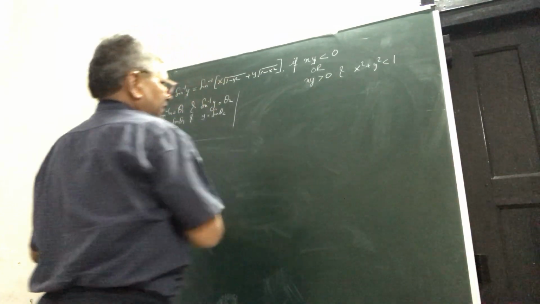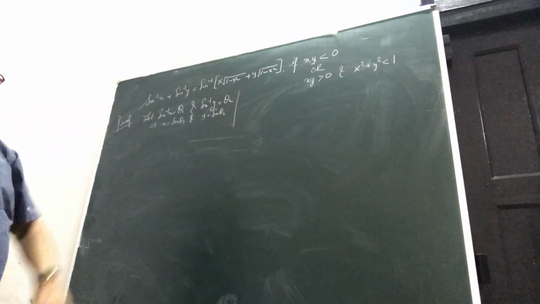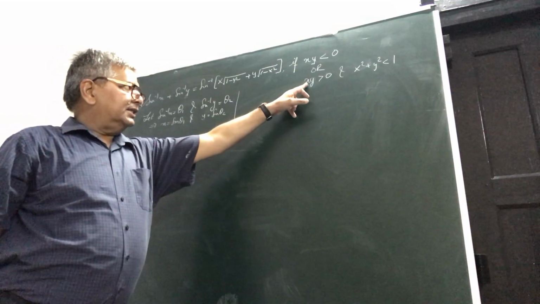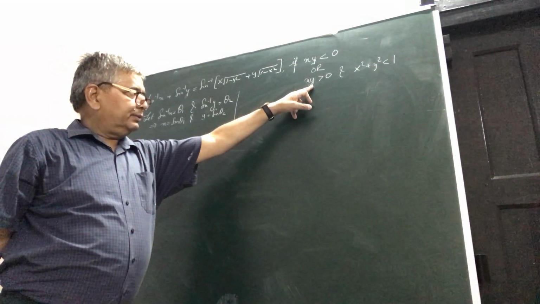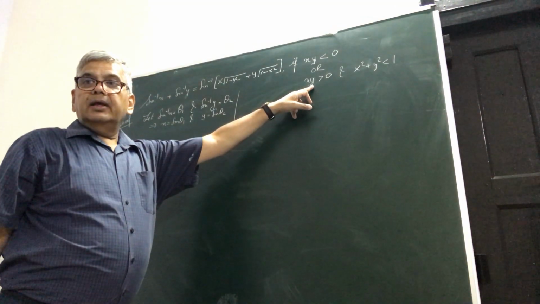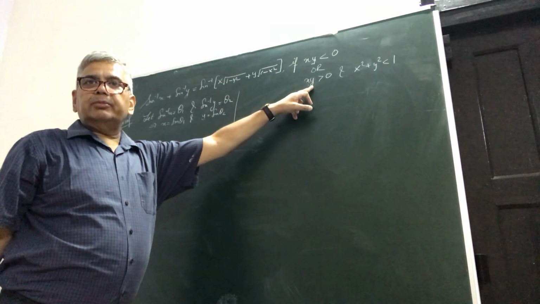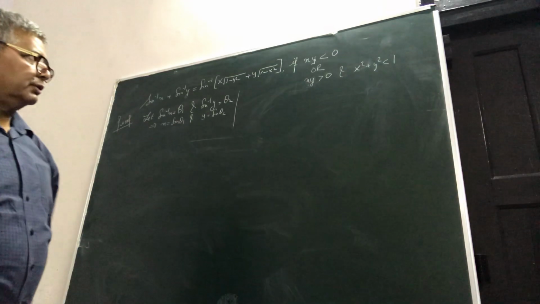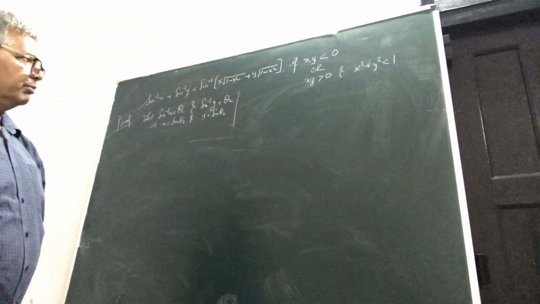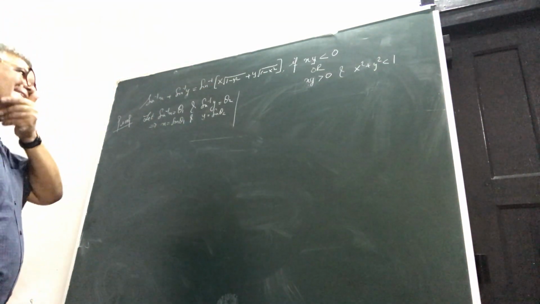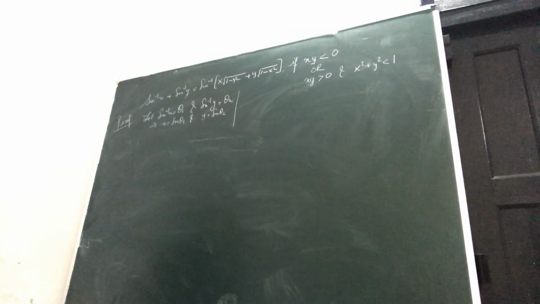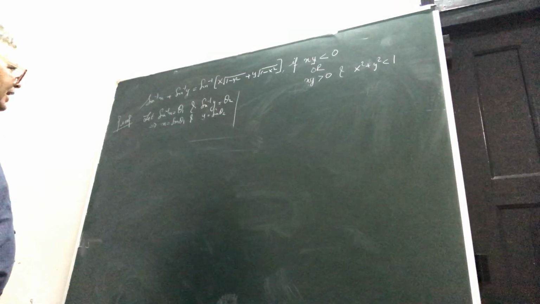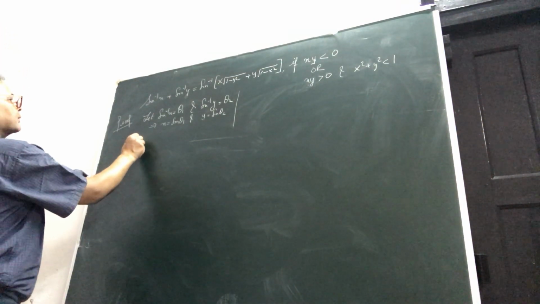Please see, xy is greater than 0 in this thing. Now, if x is greater than 0, then y will also be greater than 0. Likewise, if x is negative, then y will also be negative. So, either both of them will be positive or both of them will be negative. But anyway, we will see how this result can be obtained. So, let us take the first case.